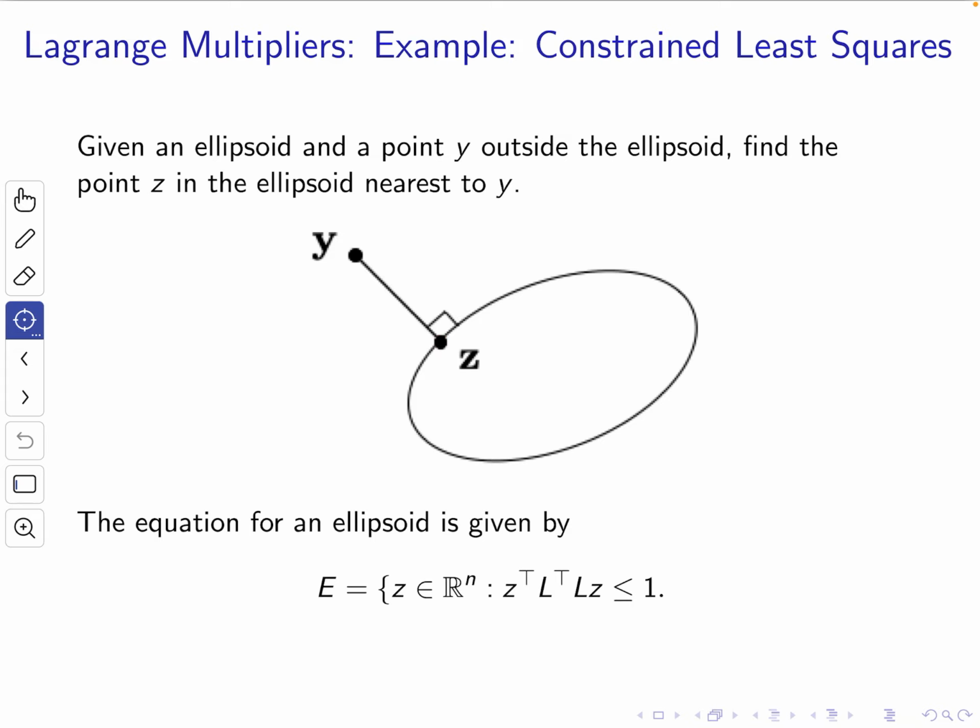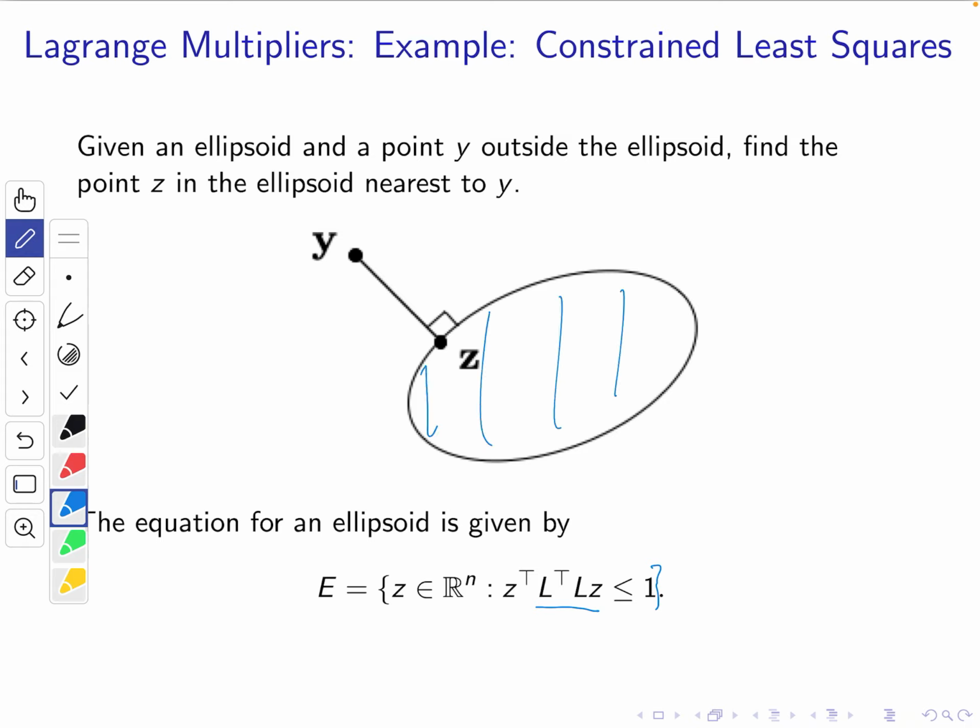The equation for an ellipsoid is given by a quadratic form. If I take that quadratic and do a Cholesky factorization, the ellipsoid is the set of all z's such that z transpose L transpose L z is less than or equal to 1. That would be all of the points inside here.